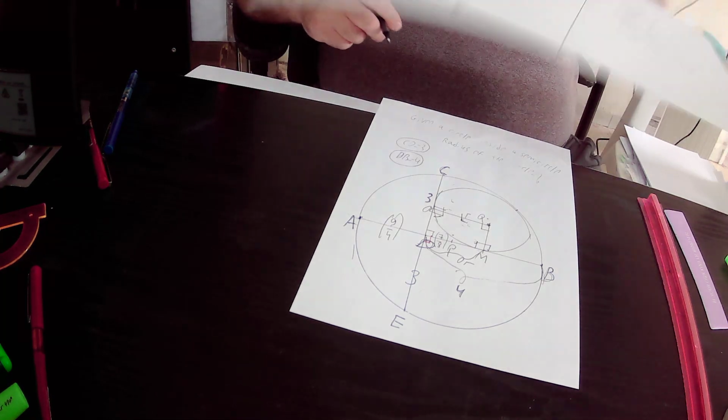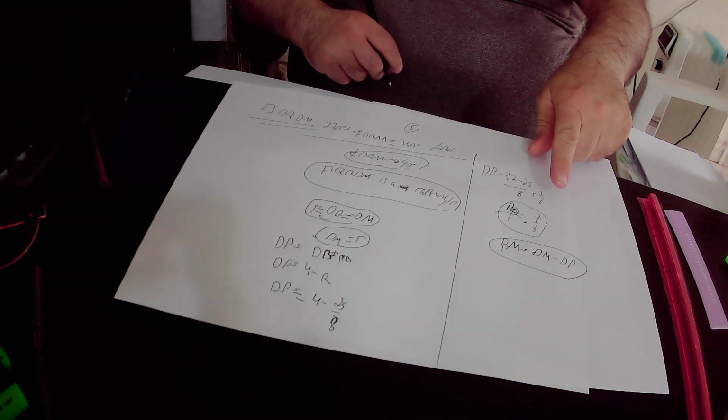I'll repeat again: PM equals DM minus DP.